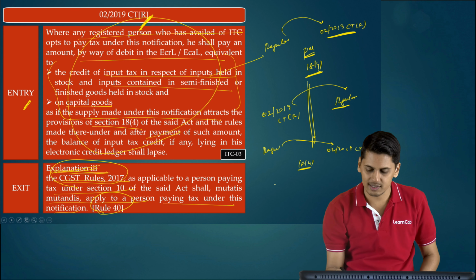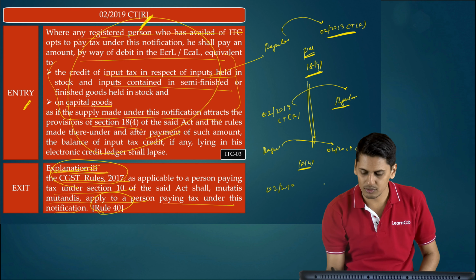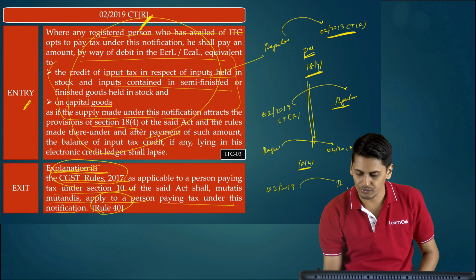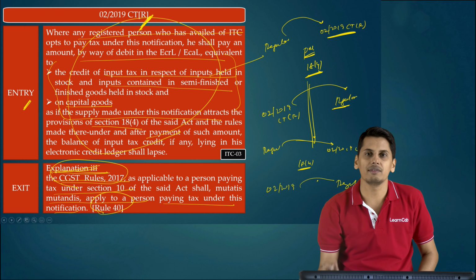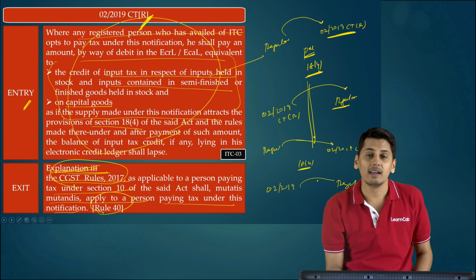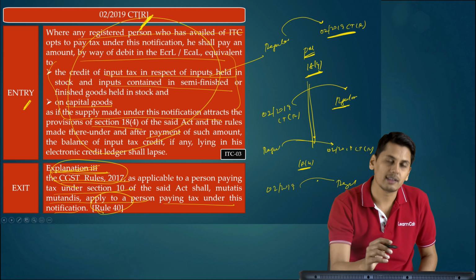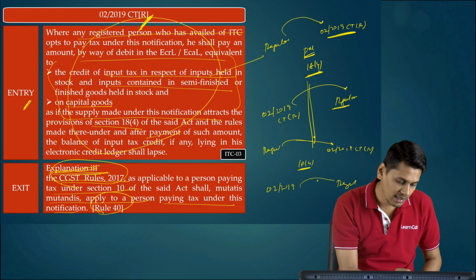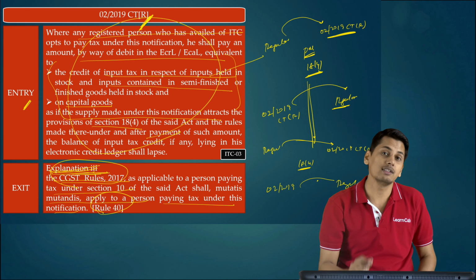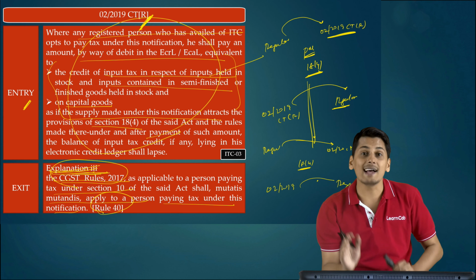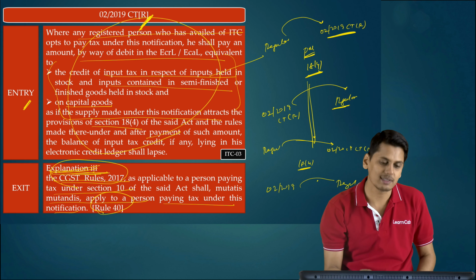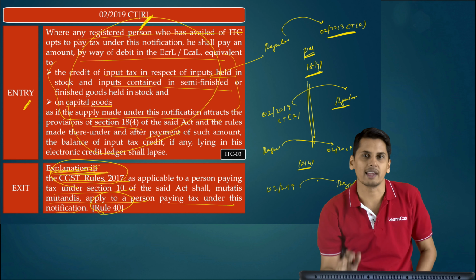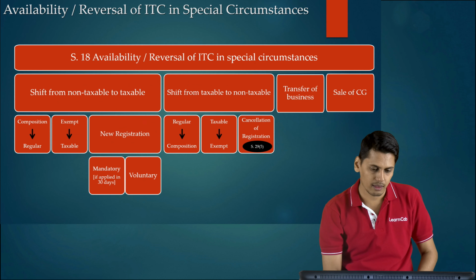However, the vice versa case, shifting from 2/2019 central tax rate to the regular scheme, the credit which is there in the inventory lying on hand, you can still take it even though not expressly provided in the notification, but taking recourse from explanation 3, which tells you the provision of CGST rules as applicable to section 10 will also apply to a person who is paying taxes under 2/2019 central tax rate.